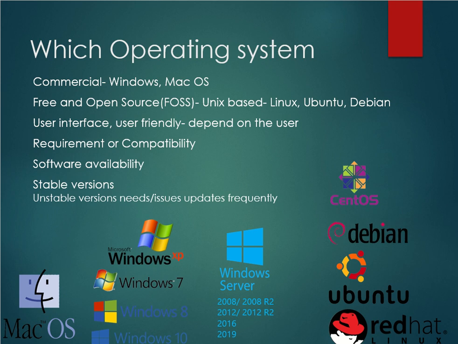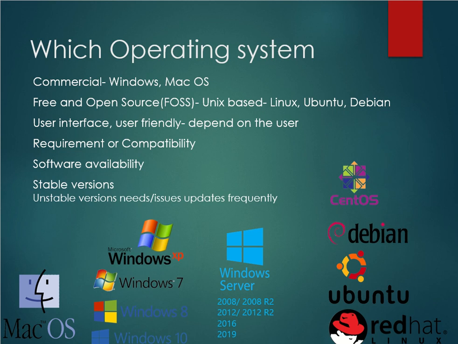Now we can't install Windows 10 on a computer that was manufactured about 10 years ago. We can, but we have to do some upgrades. Like that, before installing an operating system, we have to think about this compatibility or the requirement of the operating system. Then we can upgrade our computer, or we can consider our system resources available. Then we can find a compatible operating system.